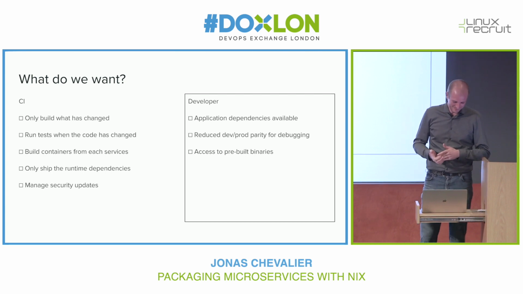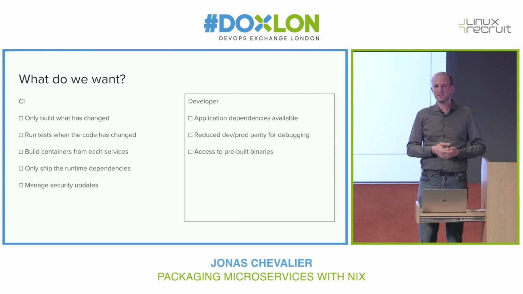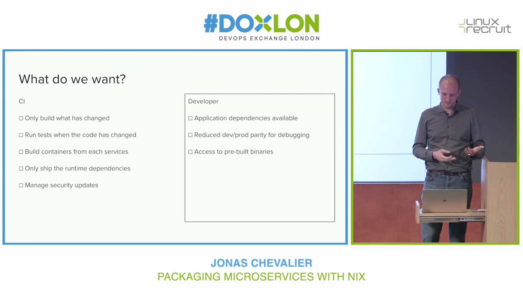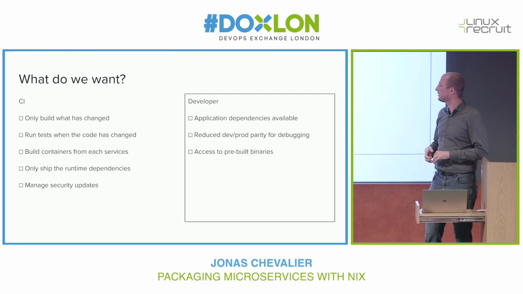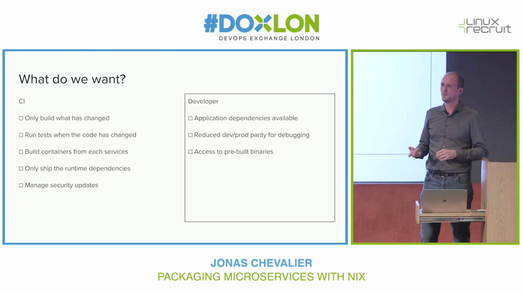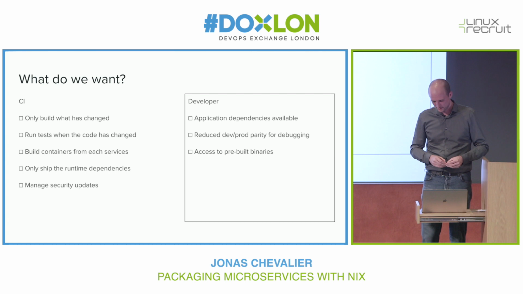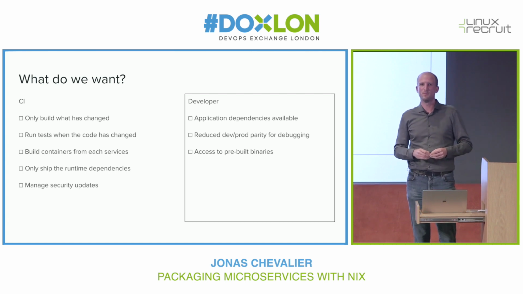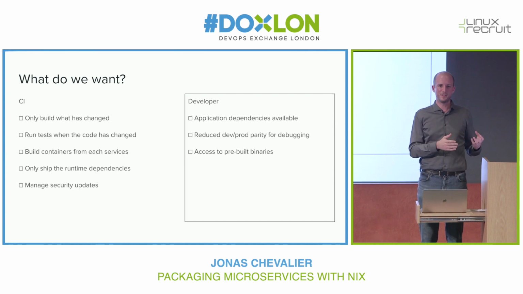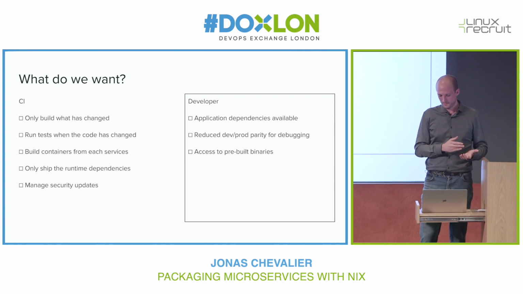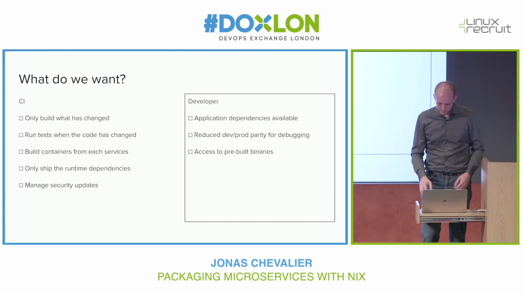One important aspect is that if you have security updates, you want all of the containers to be updated, or at least the ones that have the security updates to be deployed. And as a developer, you want the application dependencies to be available, which means that as a front-end guy, you want to pull all the dependencies. And if possible, you want to have the CI prepare the binaries so that you, as a developer, just pull the pre-built binaries.